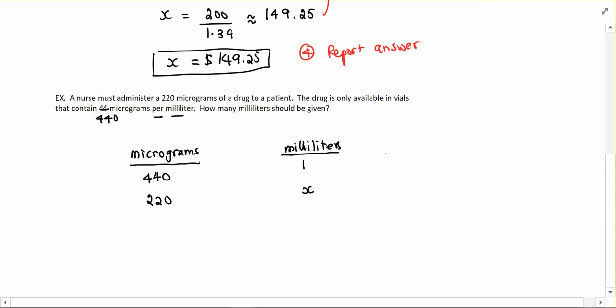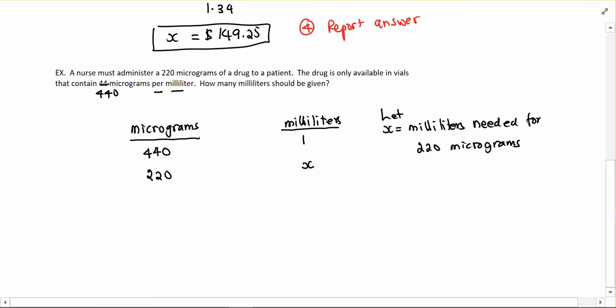An alternate way of writing this could have been: let X equal the milliliters needed for 220 micrograms. That's important.